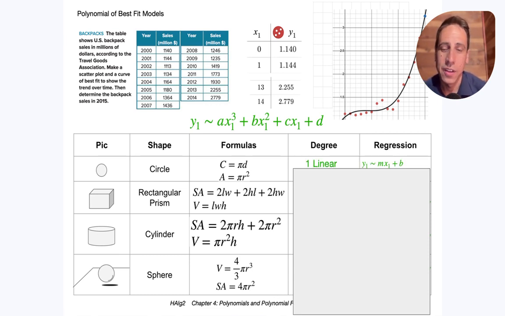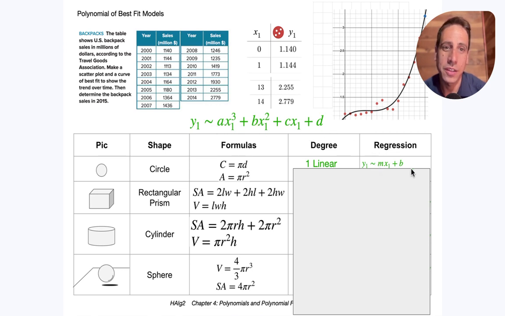It's linear. And thinking about it, stepping back, even not knowing anything about exponents, the circumference is a one-dimensional phenomenon. Circumference is measured in meters or feet, not meters squared or feet squared. It's a linear relationship between d and c, and so if you had a whole bunch of circumferences and diameters, as you had backpack sales in years, you wouldn't use a cubic regression for that.